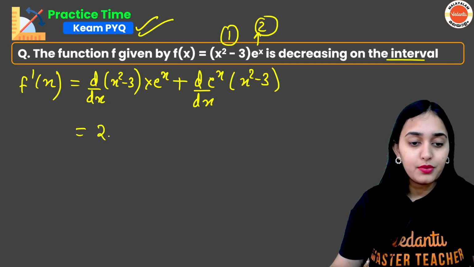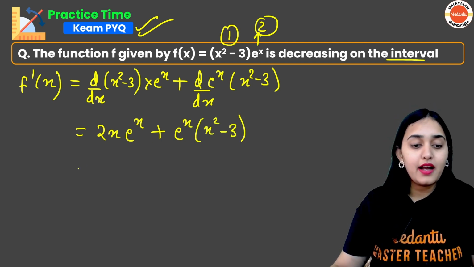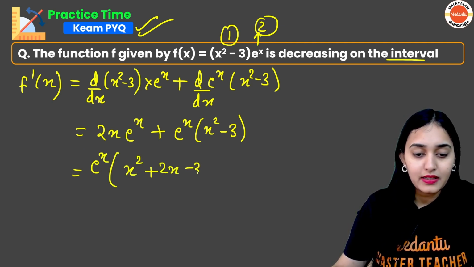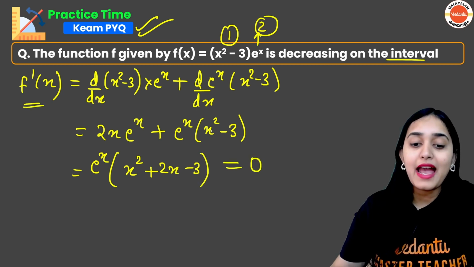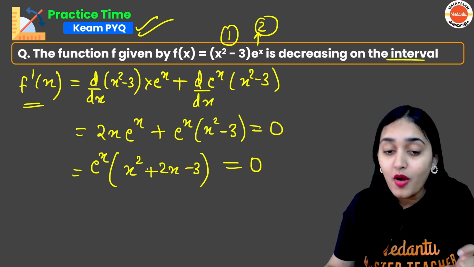So we have 2x e to the power x plus e to the power x into x square minus 3. Now we take out e to the power x common, we get x square plus 2x minus 3. Now we equate this to 0. Remember, f dash x, we will put 0 to find out the interval points.